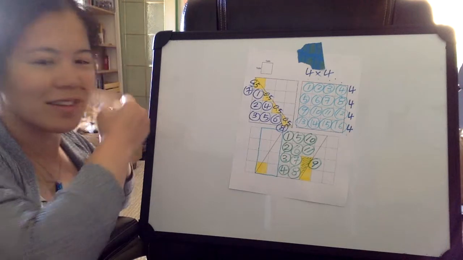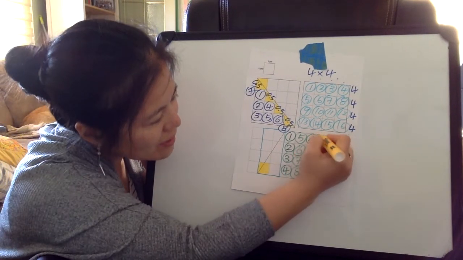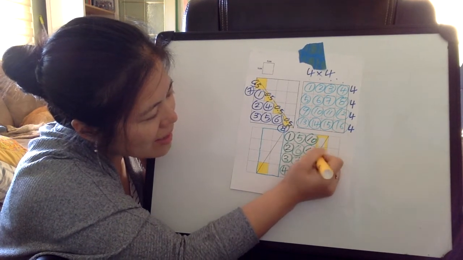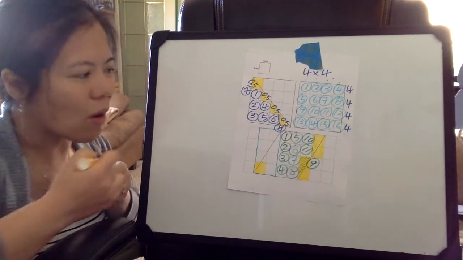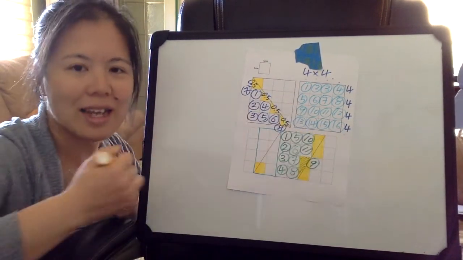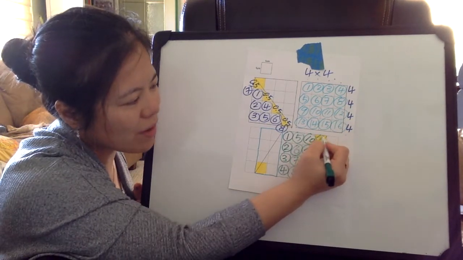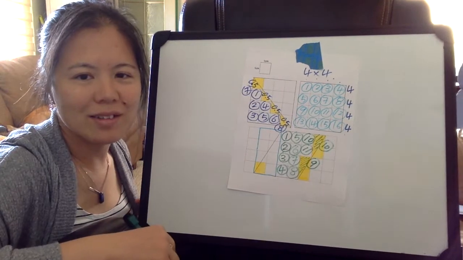And hey, look over here, it's the same. I have 2 squares, but the 2 squares are cut in half. So 2 squares are cut in exactly halfway. So now I can count this part as 10, right?